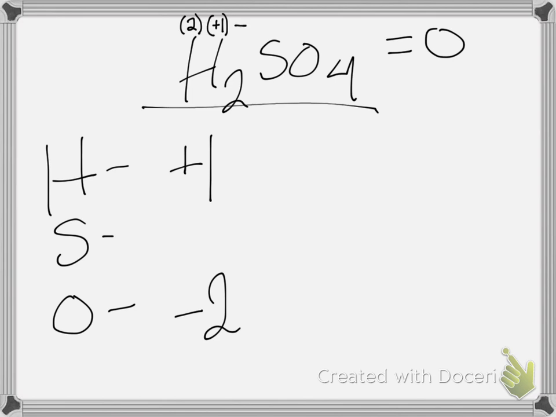When I add those charges to sulfur, how many sulfurs do I have? 1. When I add sulfur then to oxygen, how many oxygens do I have? 4. What's the charge of oxygen? Minus 2. All of that has to equal 0.